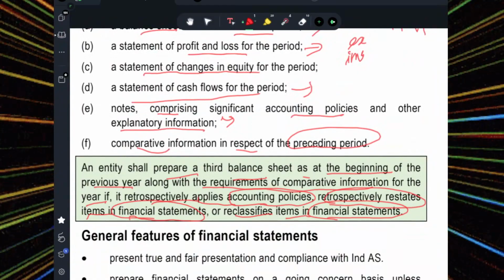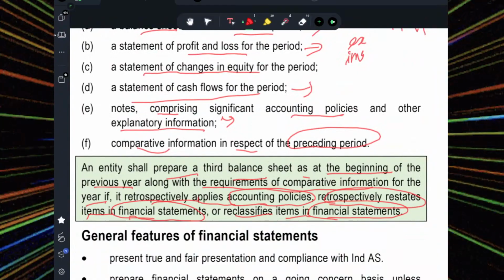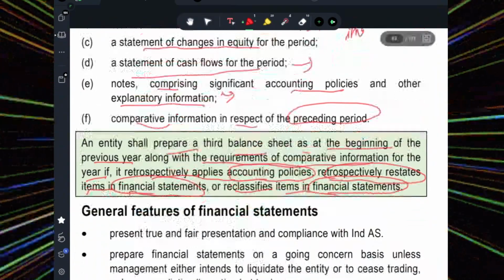Then you need to prepare a third balance sheet, as at the beginning of the previous year. In the previous year's beginning itself you need to create it, and the change will come in the previous year. Then after, the current year should be affected. In such a way, any accounting policy change you make is going to affect retrospectively. A third balance sheet is to be prepared.